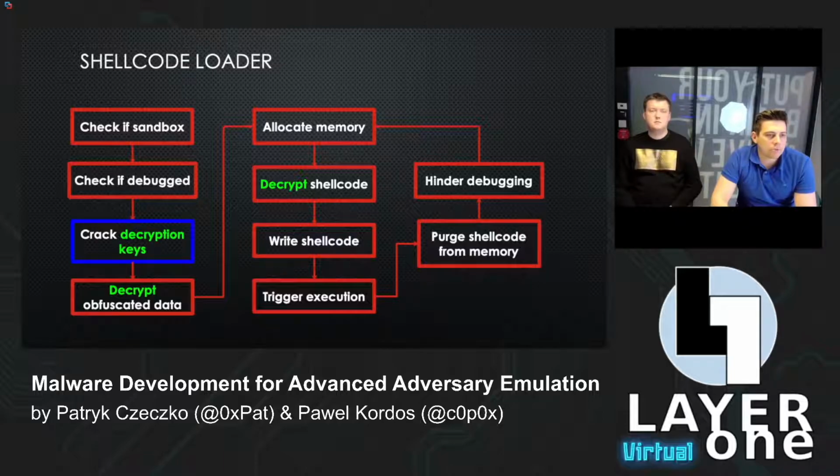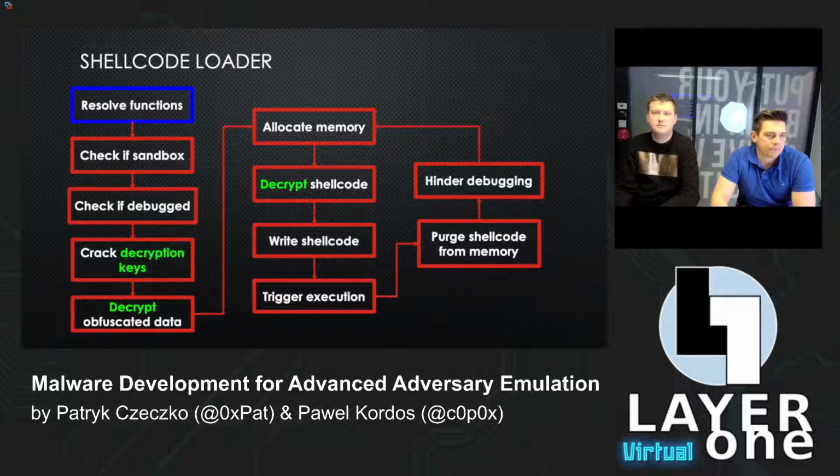But either the key could be present in the binary and used for decryption, or it could be cracked. So this would take some time. We would need to use some short key, so it won't be cracked forever, but in a few seconds or minutes. And then this key would be used to decrypt stuff in memory during runtime.